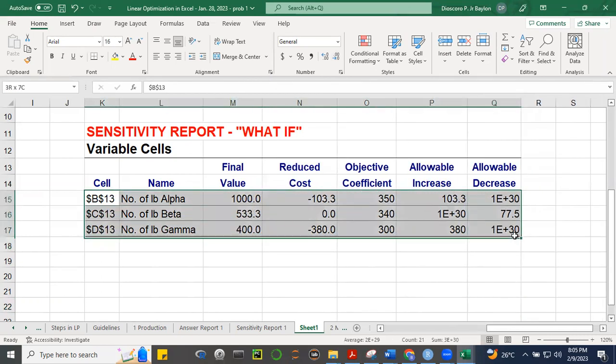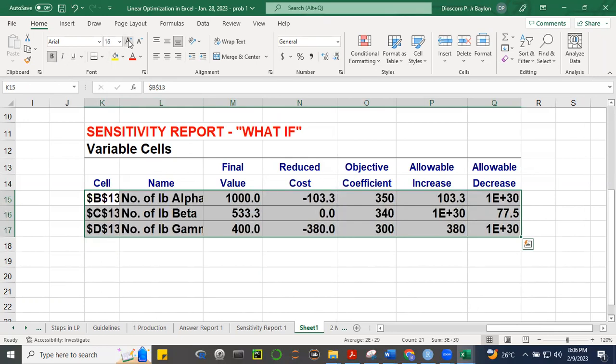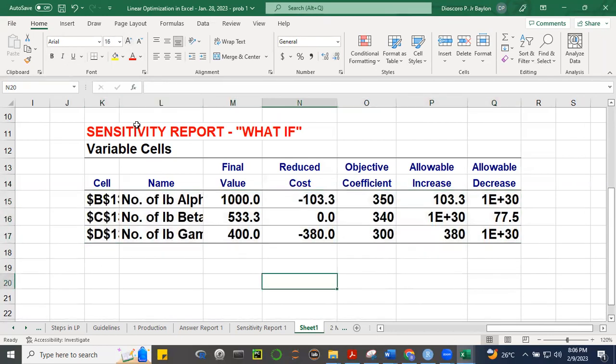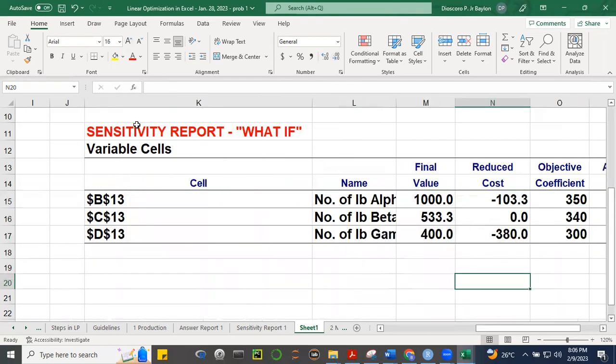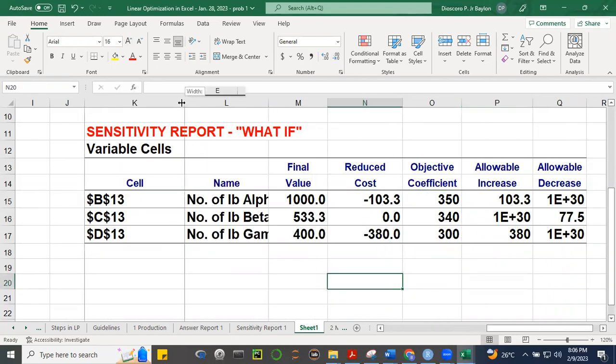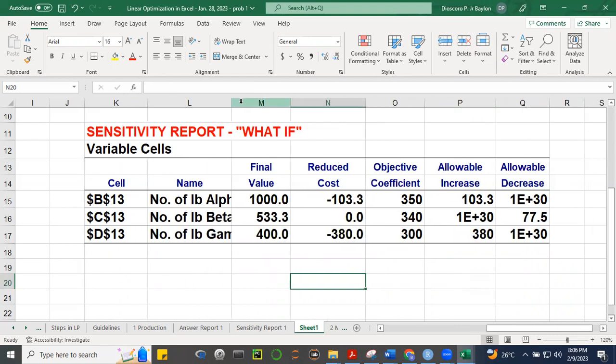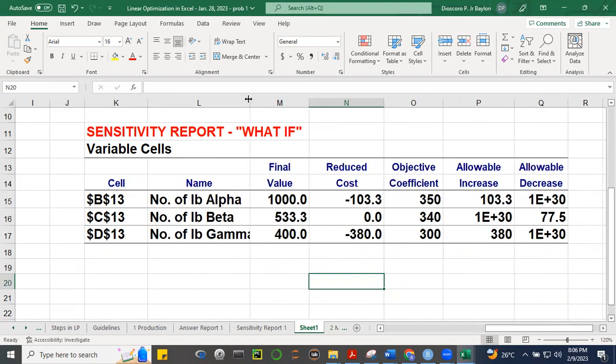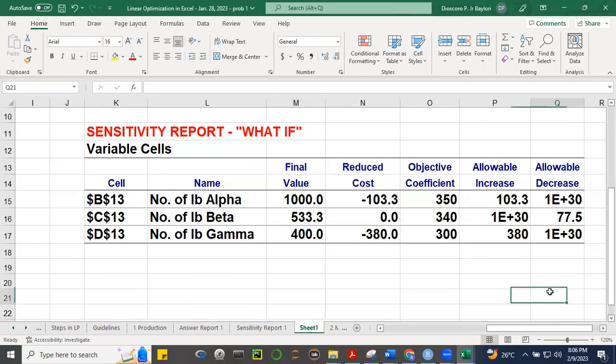Then, I-bold ko siya para can really see it. Too big. I think it's okay. Alright.